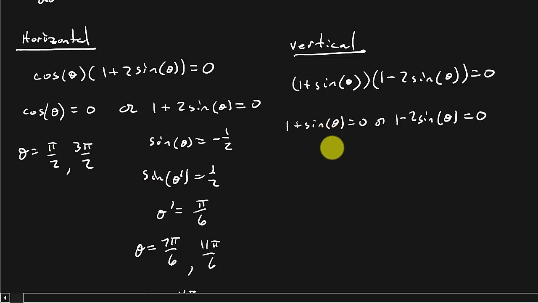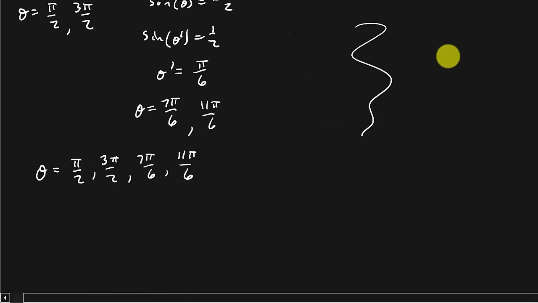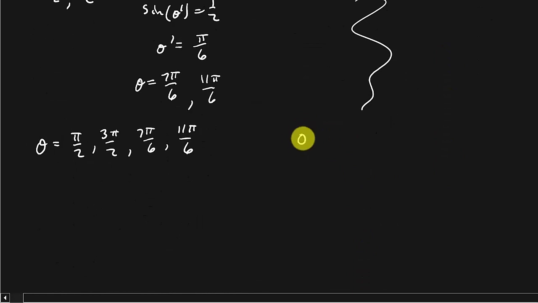You're going to have sine equals -1. Draw your sine function. Where is it -1? Well, it's -1 at 3 pi over 2. All right. But after you go through all that solving, you end up with theta equals 3 pi over 2, pi over 6, and 5 pi over 6.